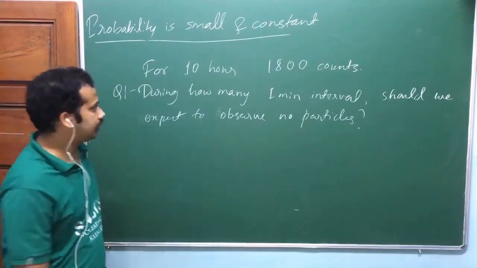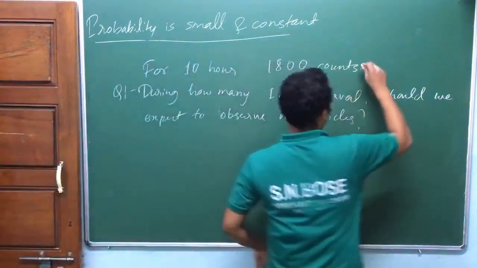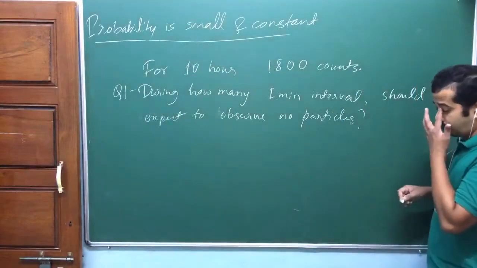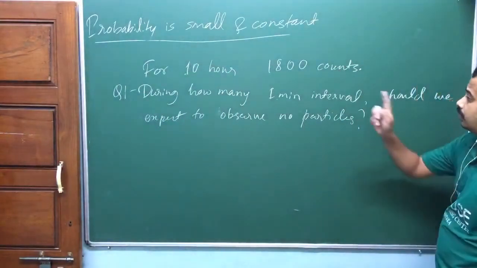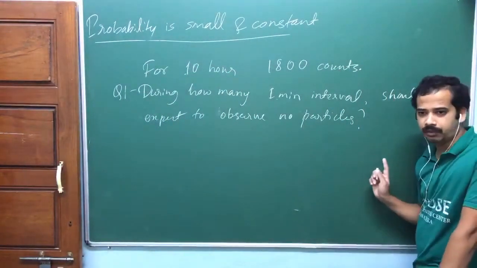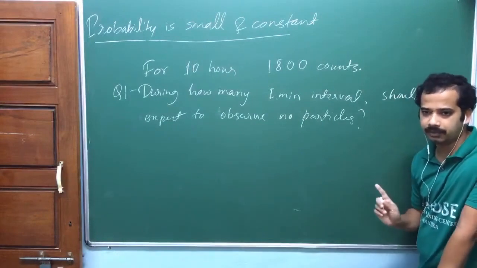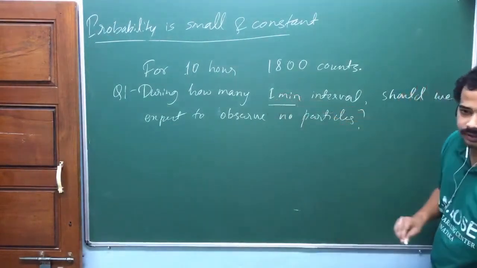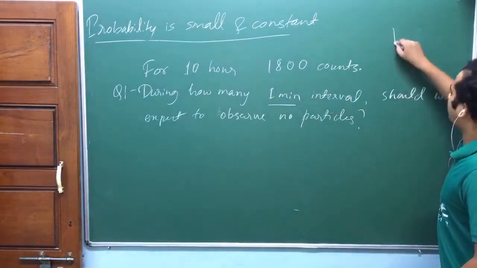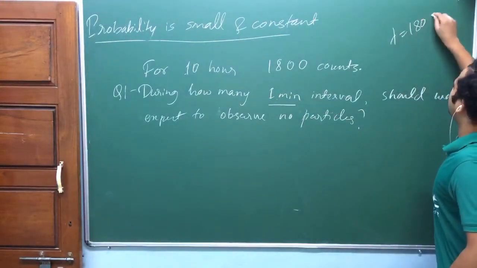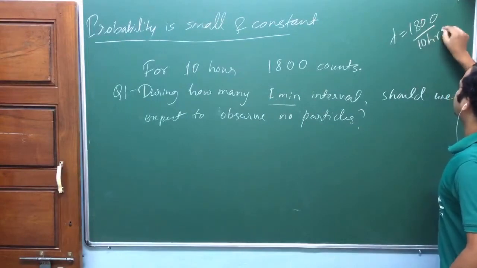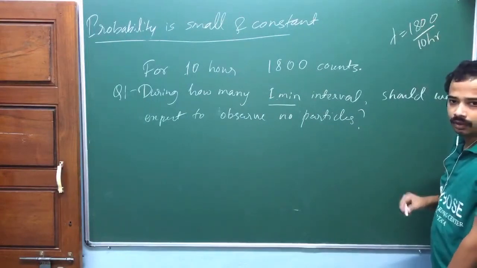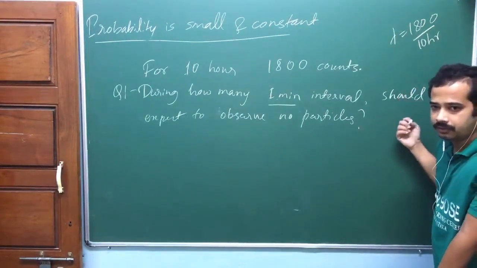Now look at here. We shall try to handle this one. Just looking into the question, don't think about whether you can solve it or not. First, we need lambda to apply the Poisson distribution. You need lambda, am I right? Lambda should be in terms of minutes because he is talking about minutes here. Now, what is that lambda? Lambda is equal to 1800 divided by 10 hours, 1800 per 10 hours.